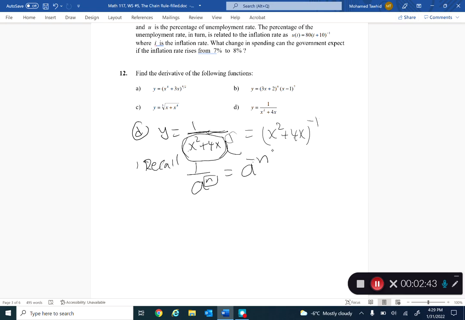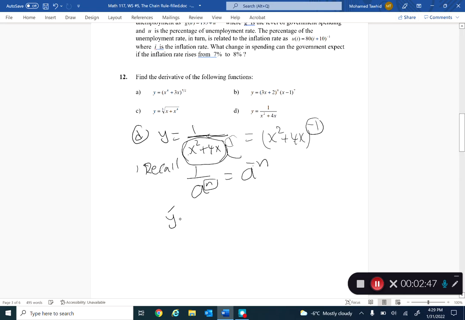Now I simplify. You have a bracket raised to a power, which means I have to use the power rule. What is the power rule? If you have f to the power n, the derivative is n times f to the n minus 1, multiplied by the derivative inside the bracket. What is my n? Negative 1. And f is whatever is inside the bracket.